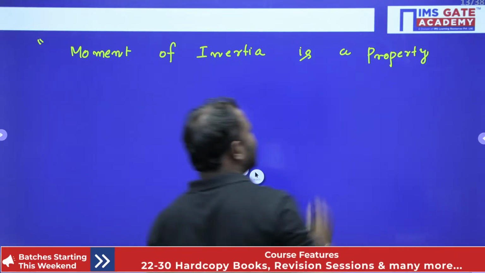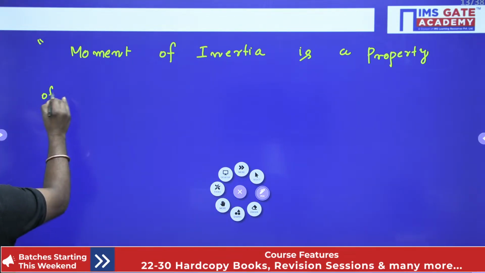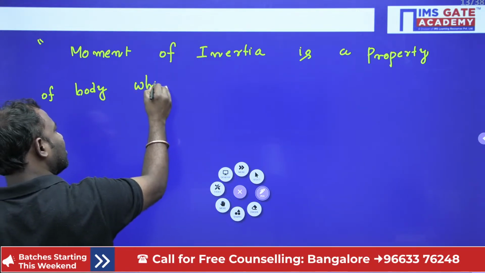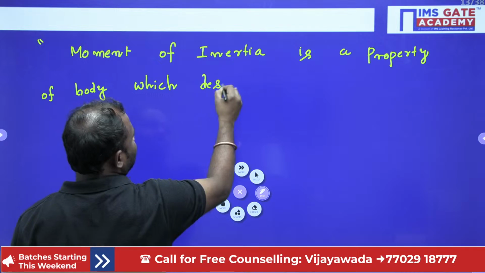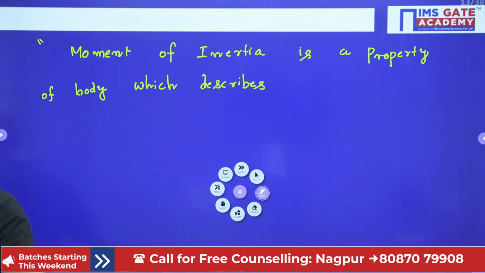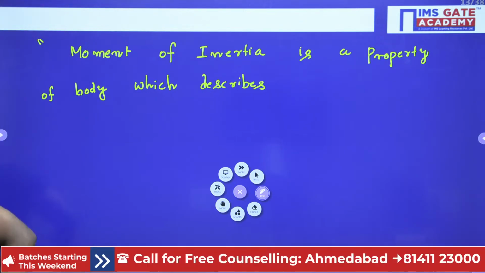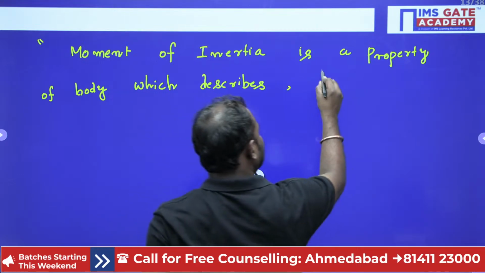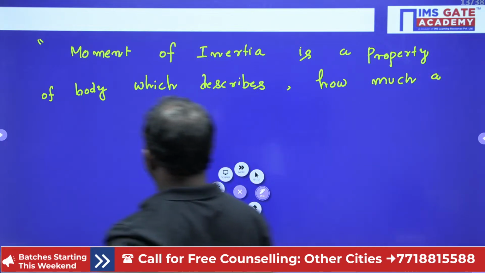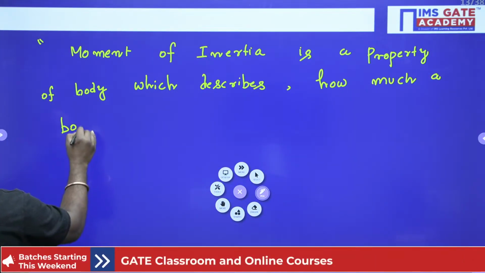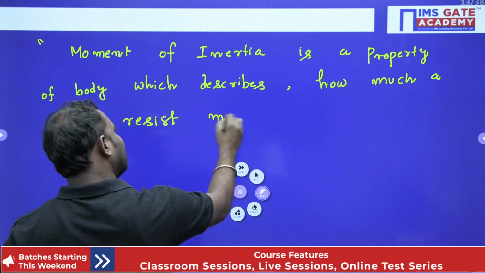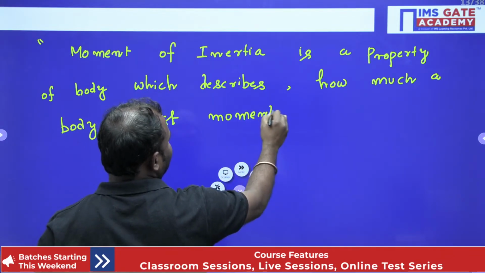Moment of inertia is the property of a body which describes how much a body resists the moment that is applied on it.